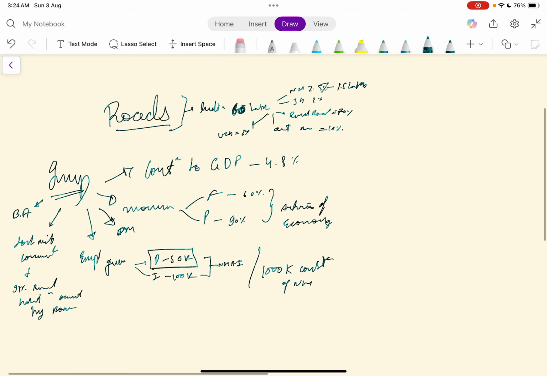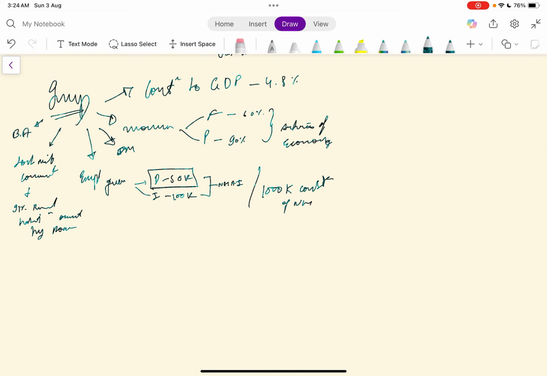Now what are the issues of our road system? We have issues of congestion. Why do we have issues of congestion? The primary reason is that national highways are only 2.5% of the total road network, but national highways alone carry around 40% of the total freight burden.